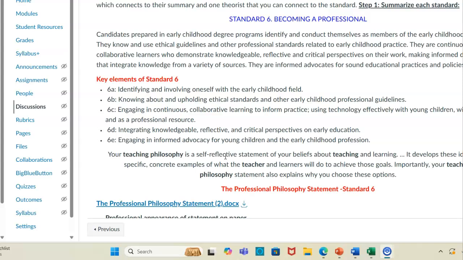So 6B, knowing about and upholding ethical standards. A lot of people just put the NAEYC Code of Ethics as the artifact, as a PDF, and then they speak to it.